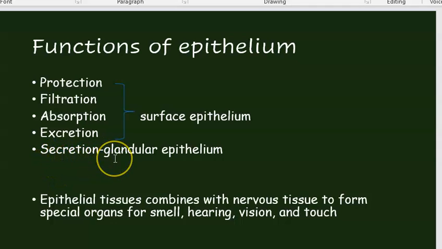Then the secretion, that is found in the glands. So the glands usually have a secretory part, and that secretory part is made up of epithelial cells. Another important function of epithelium is that when these tissues combine with nervous tissue, it forms special sense organs, that is smell, hearing, vision, and touch. So these are the important functions of epithelium.